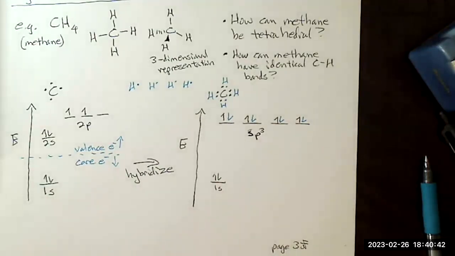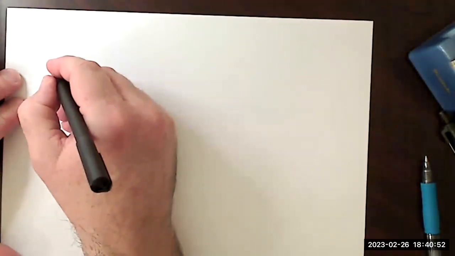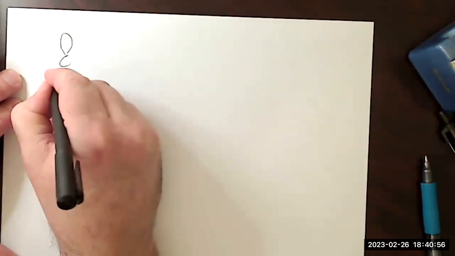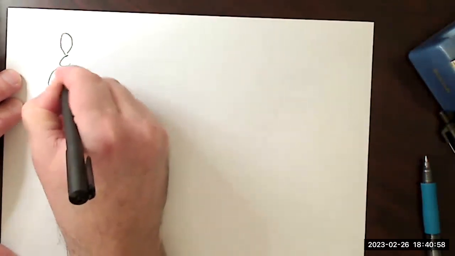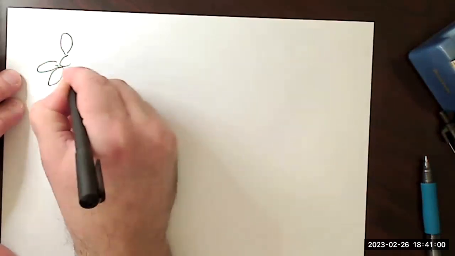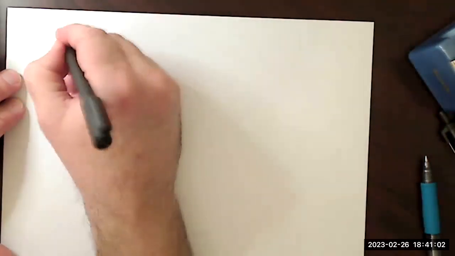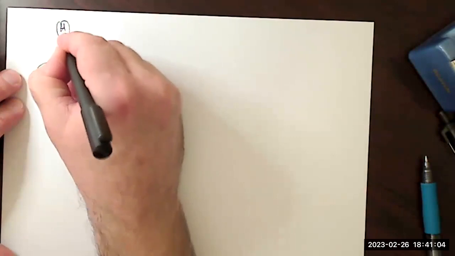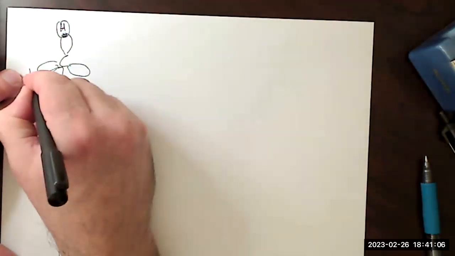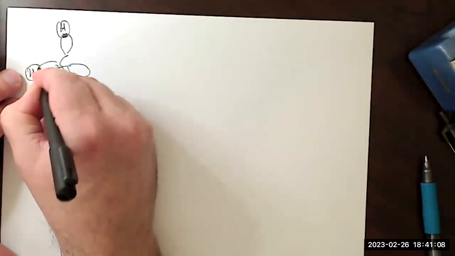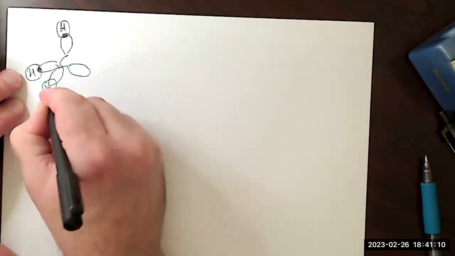Now, another way to view this is, and this is Dr. P's bad artwork here. We can have carbon, and these orbitals tend to be these lobe things. Lobe is not really a word, but they're kind of sort of blobby lobes.